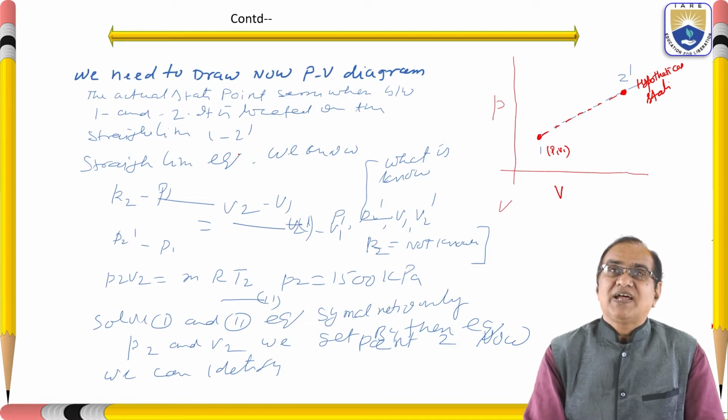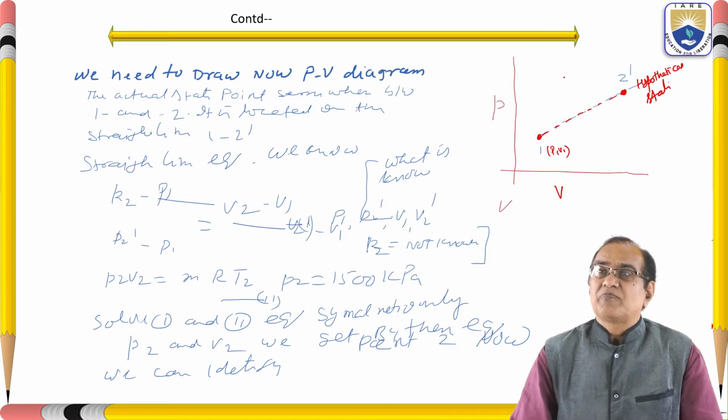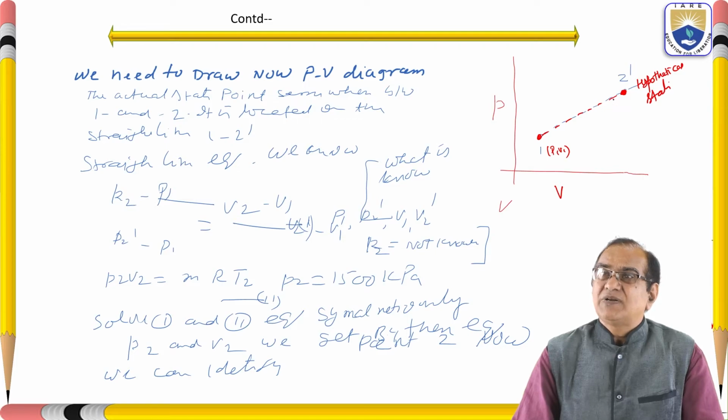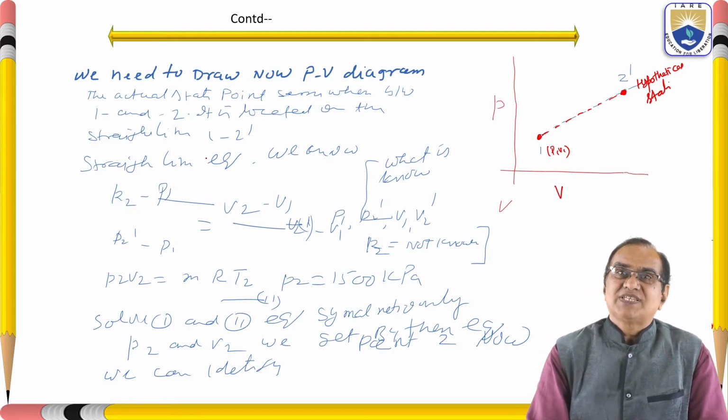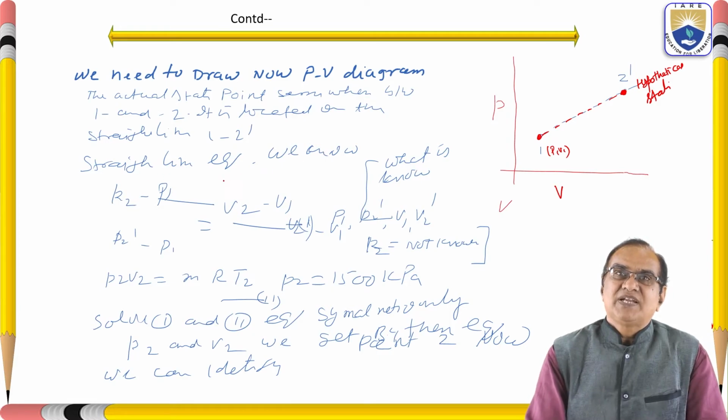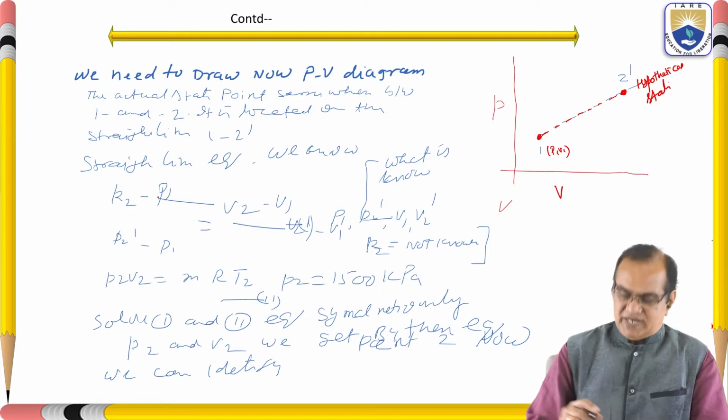It is located on the straight line 1 to 2 prime. So the final state is somewhere in between here, and we have to find out whether it is working or not. Okay, so the straight line equation, we can see that straight line equation. We know that P2 minus P1.